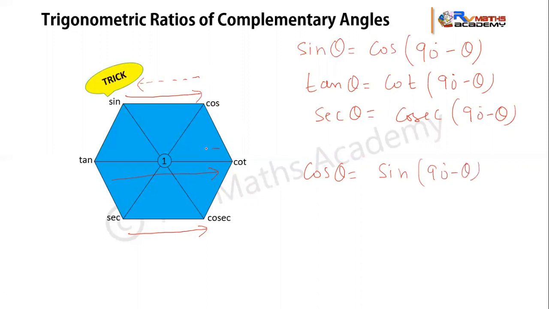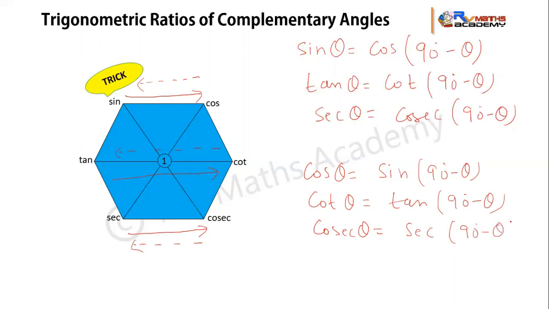Similarly, if I put an arrow in this direction from right to left, then again I can write it as cot of theta is equal to tan of 90 degree minus theta. Similarly here, if I put an arrow in this direction from right to left, I can write cosec theta is equal to sec of 90 degree minus theta.